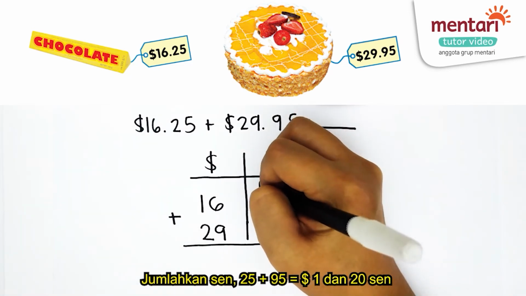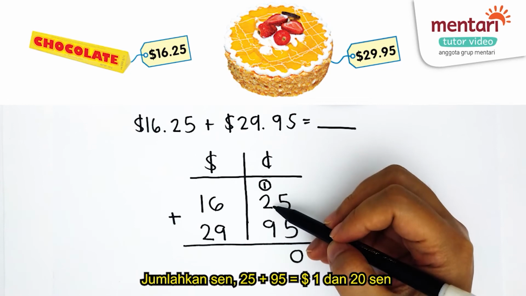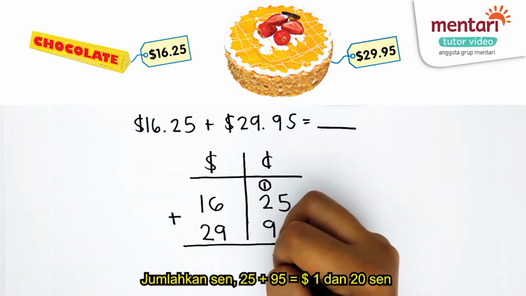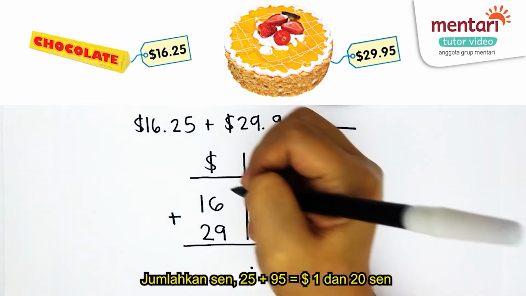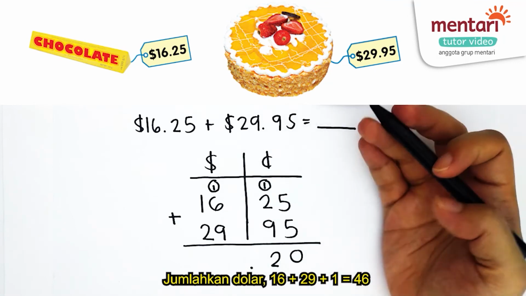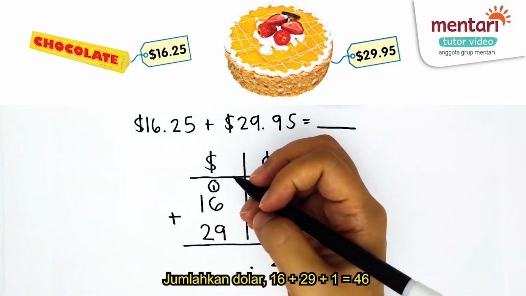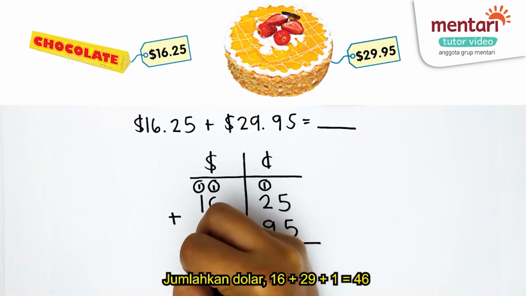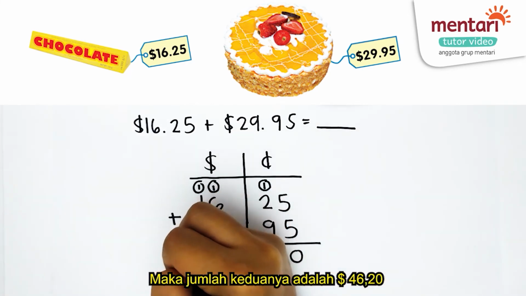Then we need to regroup. 9 and 2 will give us 11, and we have one more. Therefore, we get 12. So we need to regroup again. 1 plus 6 plus 9 will give us 16. Then we need to regroup again. And it will give us 4.